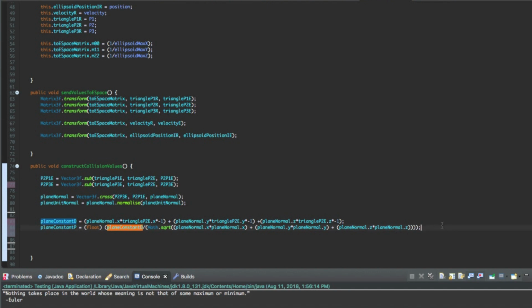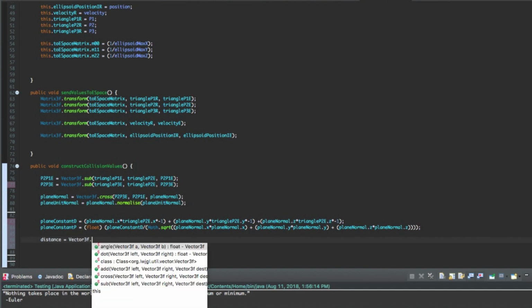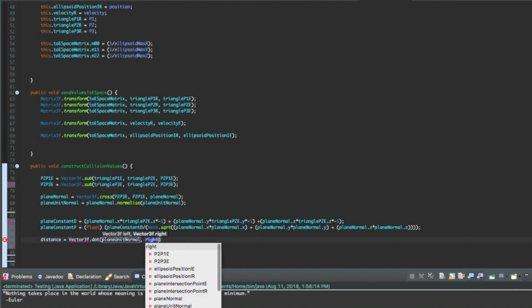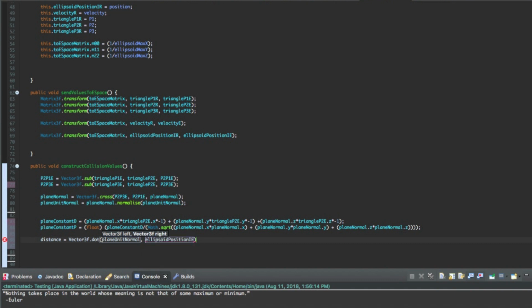So now we can calculate the distance at any time, which is going to be a Vector3f dot, dot, plane unit normal with the ellipsoid position E plus the plane constant d. And that is our signed distance.